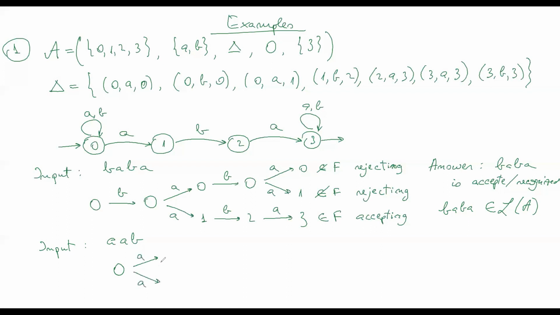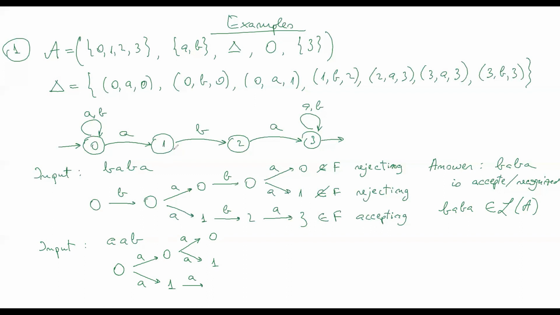So I either stay in state 0 or I switch to state 1. Then I read letter A, and again, for this part of the computation, I have two options. One is I stay in state 0, and the other one I switch to 1.